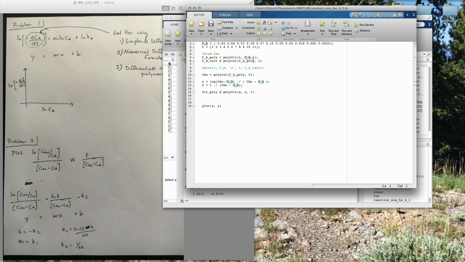Then I used polyval to calculate the values of Ca at each point t, just to see how the fit looked, and I'll just plot that real quick.